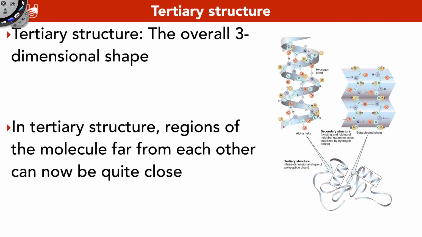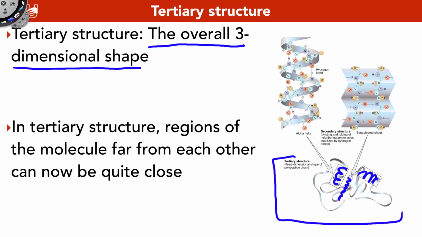Tertiary structure is the overall three-dimensional shape of the protein. So here we have, again, our secondary structure. Alpha helix here, some alpha helix here, some random coil here and there. We have some beta pleated sheet here. Okay, the entirety of all of the secondary structure together is the tertiary structure.